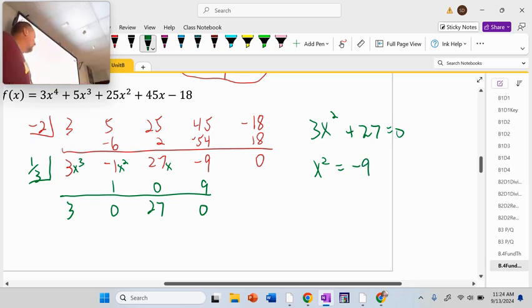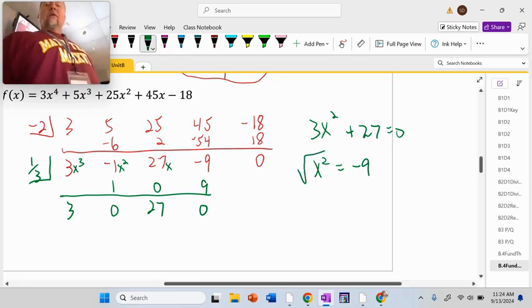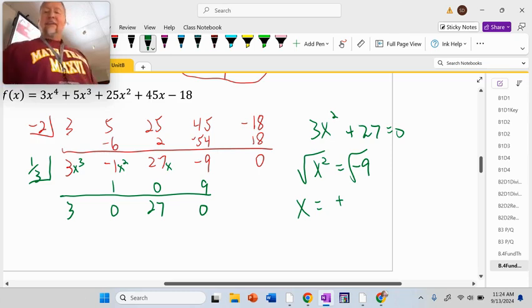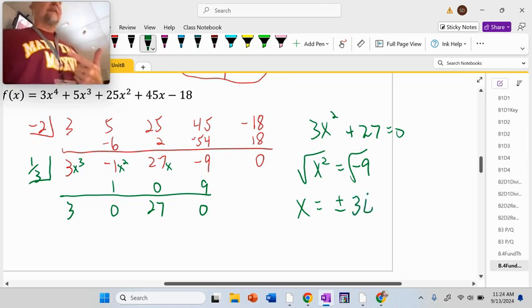Maybe not unfortunately. What are the other two zeros, everyone? Anyone? Plus or what? Plus, minus, take out an i. So plus or minus 3i.